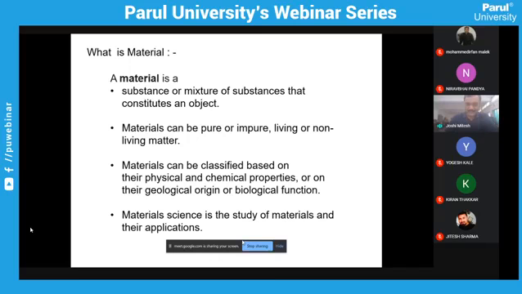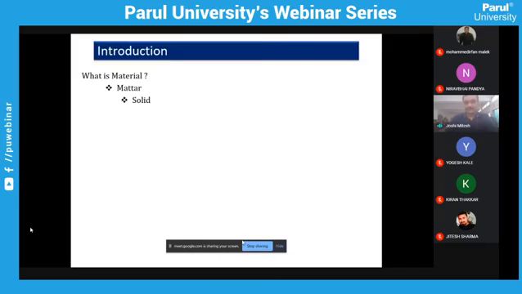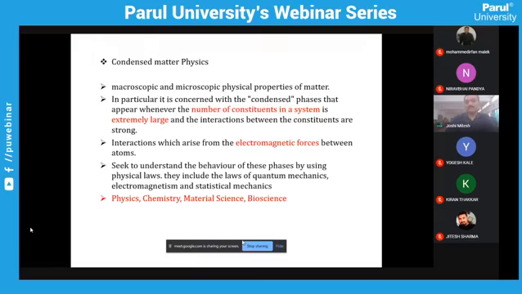Now, particularly, material is made up of matter which has three phases: solid, liquid and gaseous. This also includes plasma, which is a fourth state of matter, you can say. But broadly speaking about condensed matter, we have macroscopic and microscopic physical properties of matter combined together.